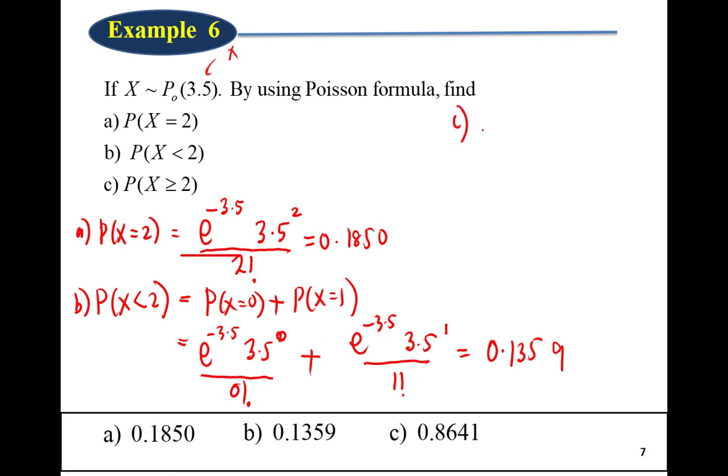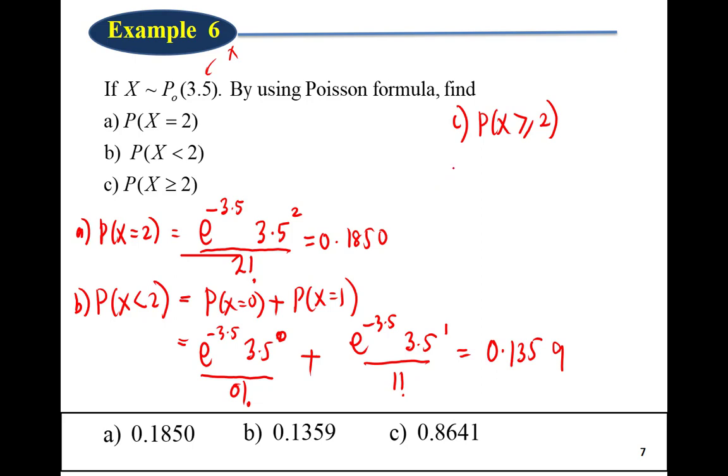Question C, probability of X greater than or equal to 2. Since we do not have the number of samples, we do not know greater than or equal to 2 up until what number.